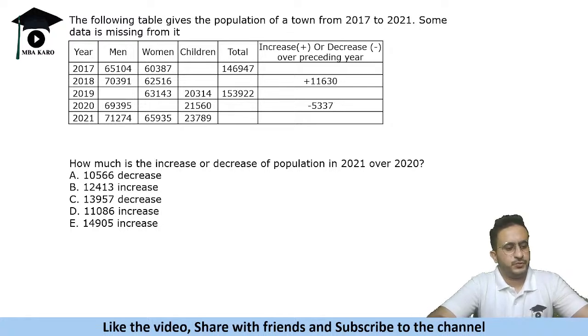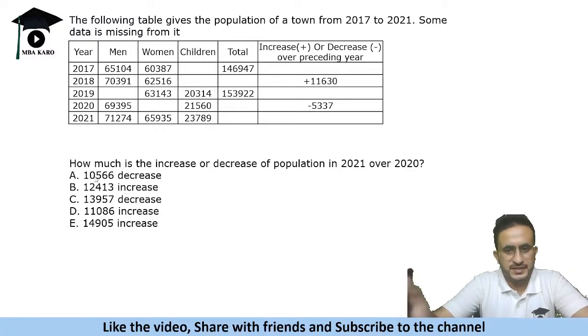Now again we can use the same thing to get this number.